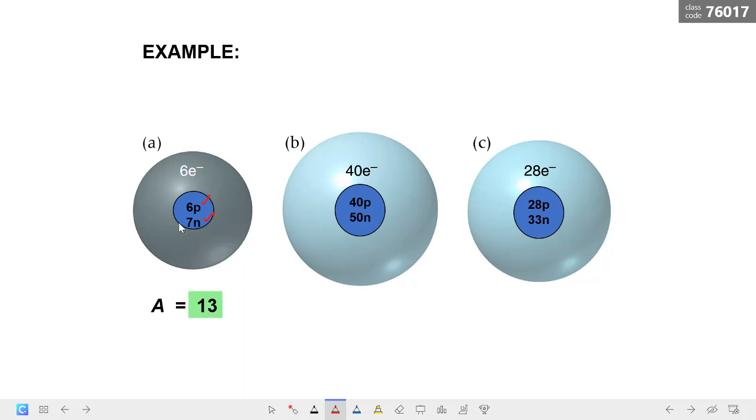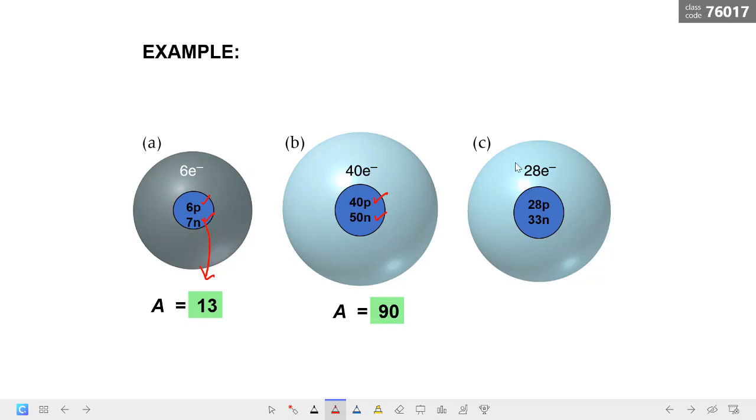Jadi mana datang 13 ni? Jumlah bilangan proton dan neutron dalam nukleus sesuatu atom. For the second example, we have 40 protons and 50 neutrons in the nucleus of this atom. So the nuclear number is 90.